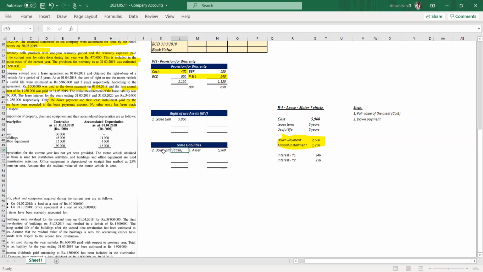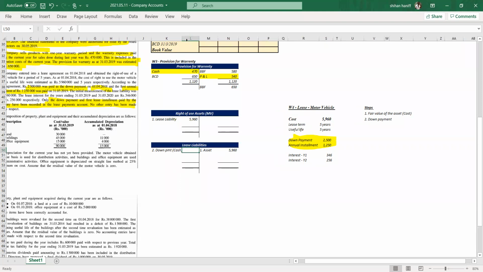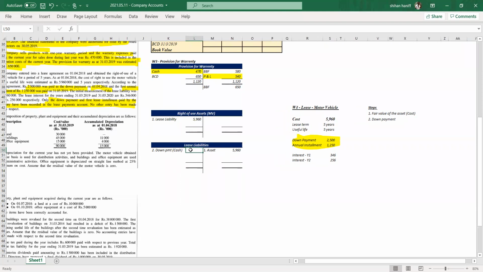Cash, 2,500. Then the third one is current year interest, lease interest.